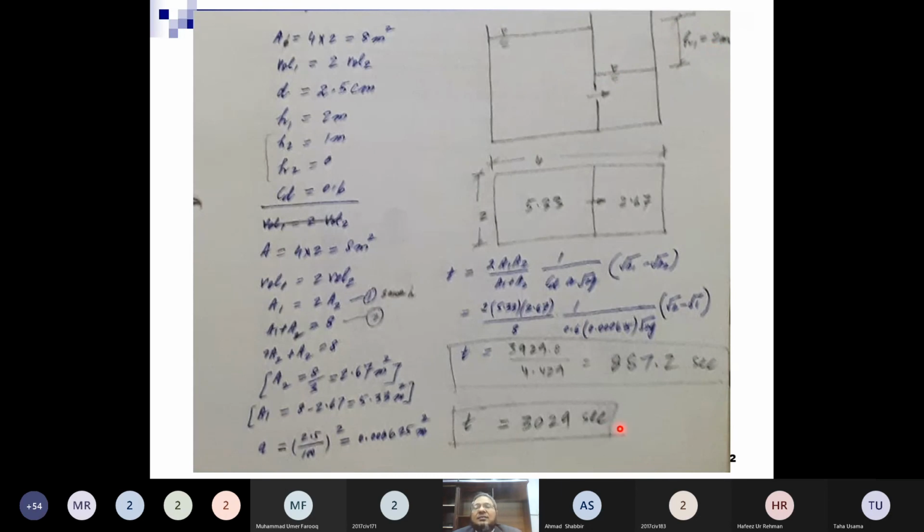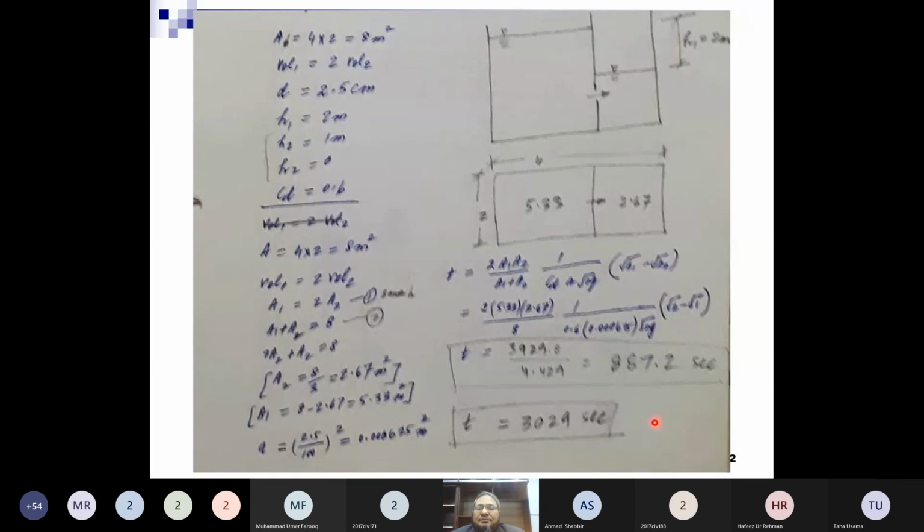And this is the answer when the difference of water levels changes from 2 meter to how much? H2 becomes 0 meter. So that time is 3029 seconds.